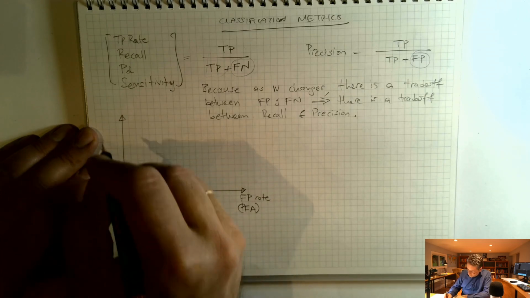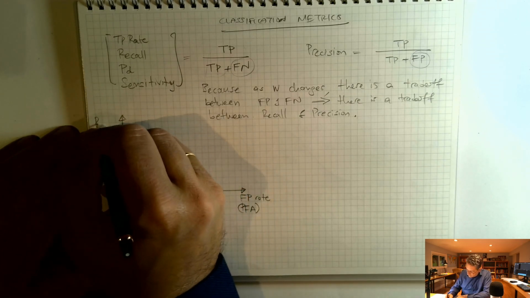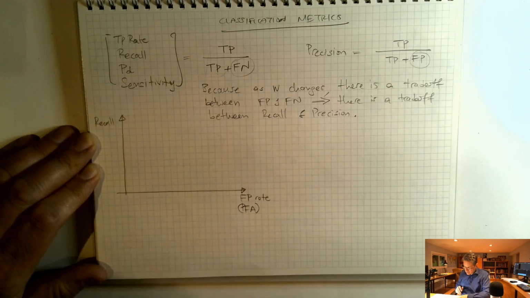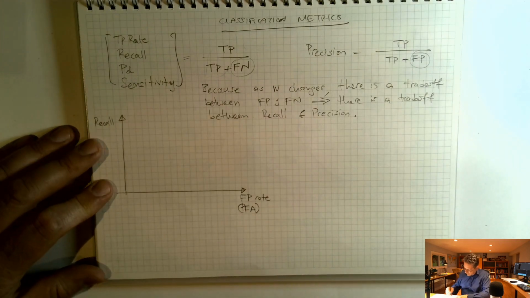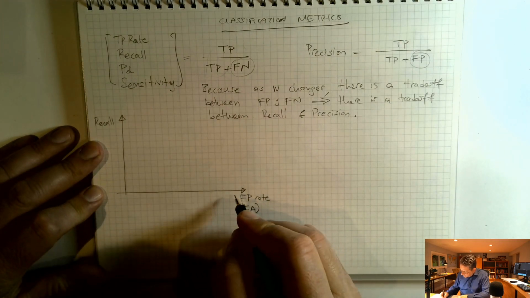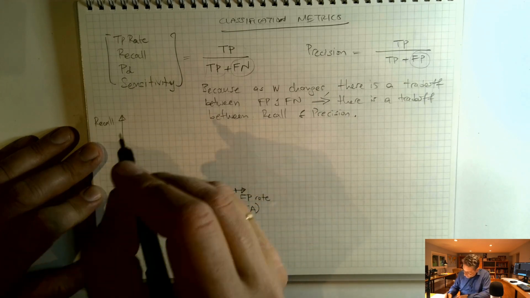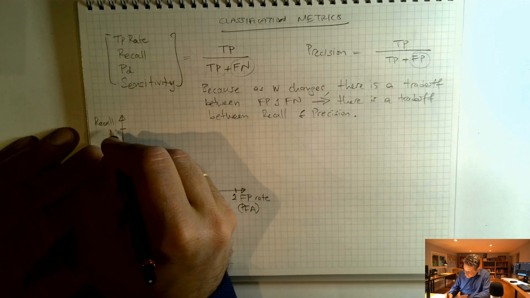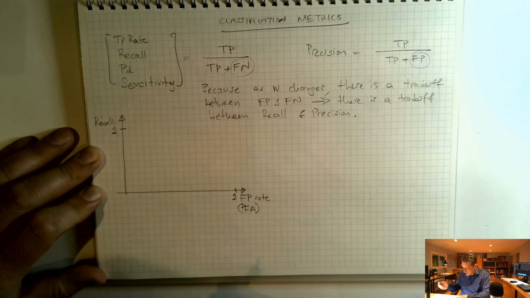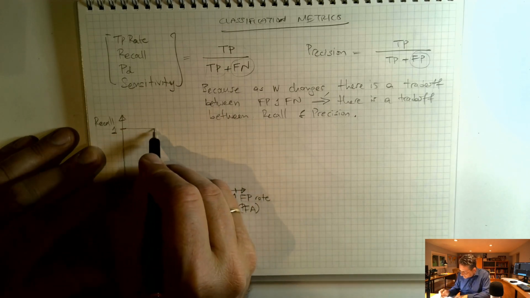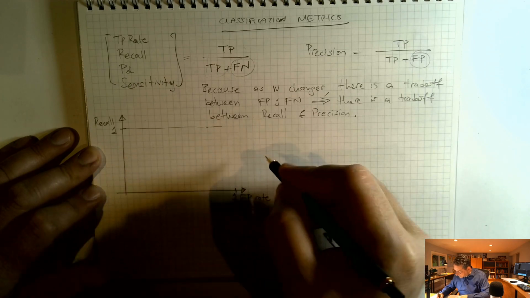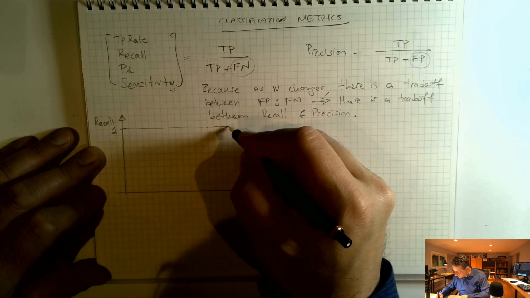And the y-axis is called recall, evidently the same thing as the true positive rate. Definitely the false positive rate goes from 0 to 1, and recall, the true positive rate, goes again from 0 to 1, because they are probabilities. Therefore we'll find this curve constrained by those values.